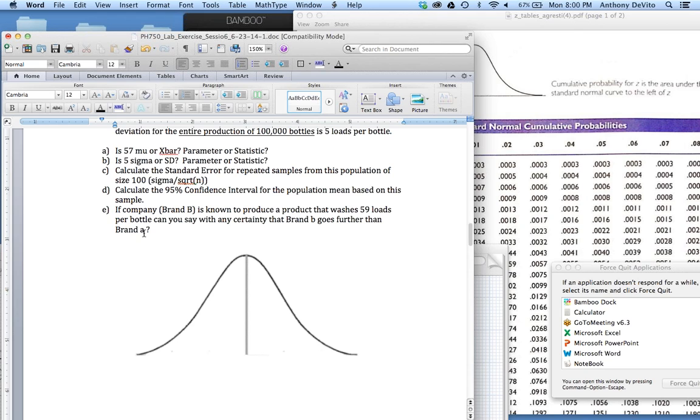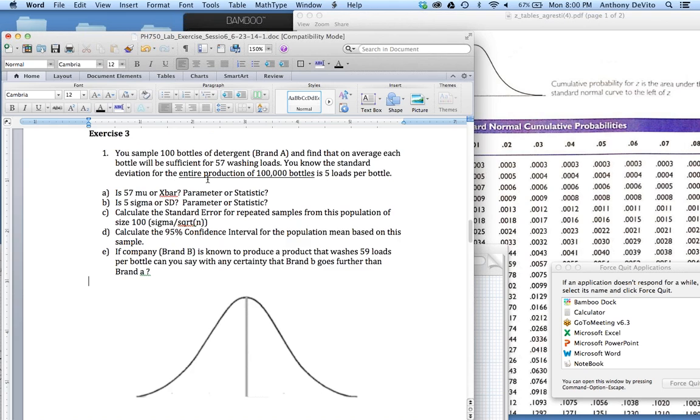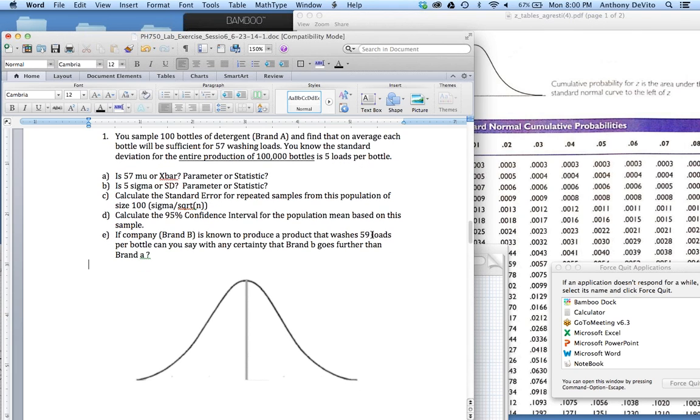Okay, can I say that they're different? I can say that they're different, right? Because I'm 95% sure that the true population average for the amount of washes you get out of brand A is 56 to 58. And if I compare it to a known population mean of 59, I can see that there's a difference.